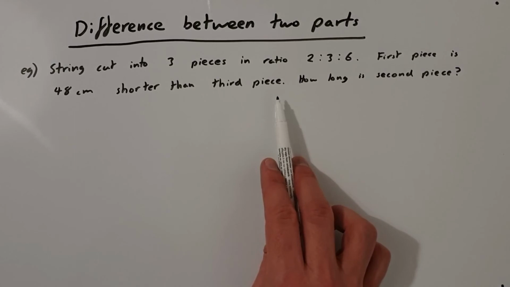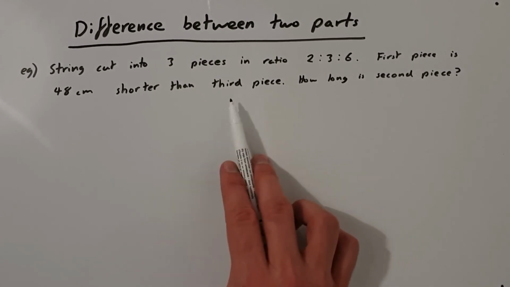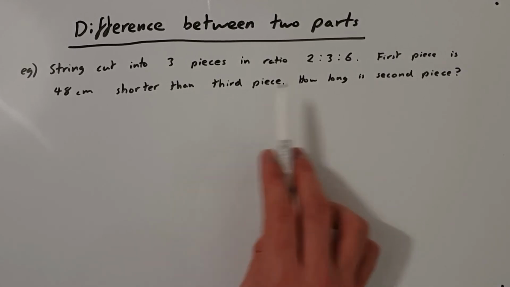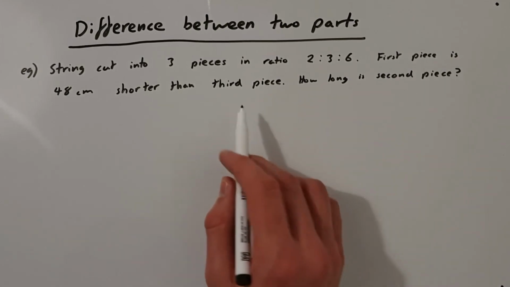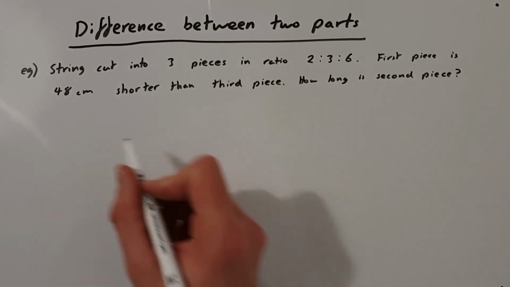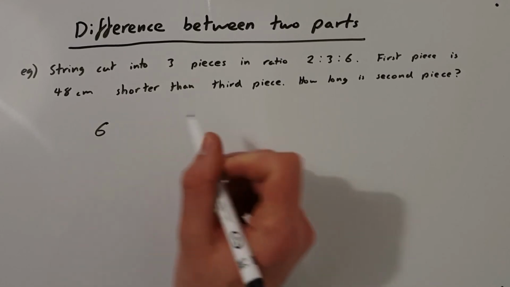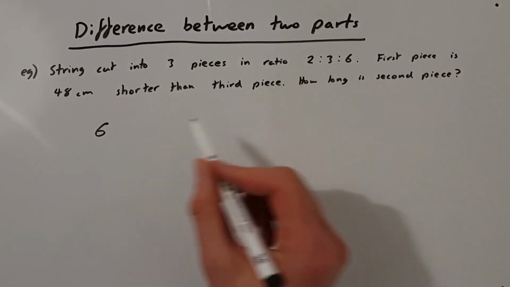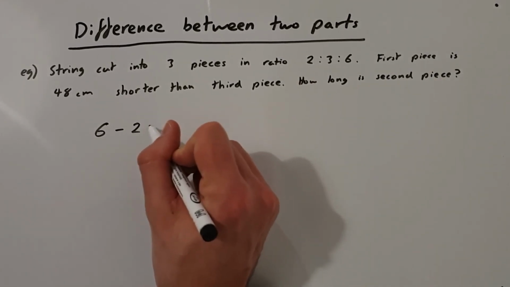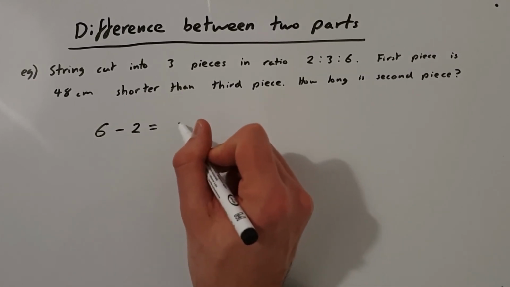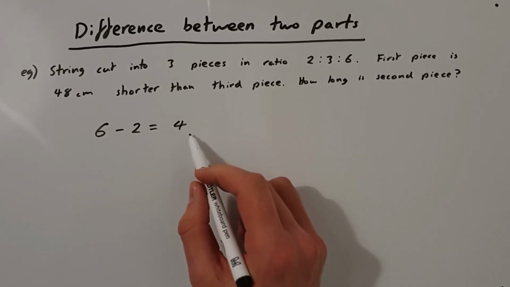So what we must now do is look at the difference in parts between the third piece and the first piece. We can see from our ratio that the third piece is made up of 6 parts and the first piece is made up of 2 parts. So the difference between these 2 lengths in number of parts is 4.